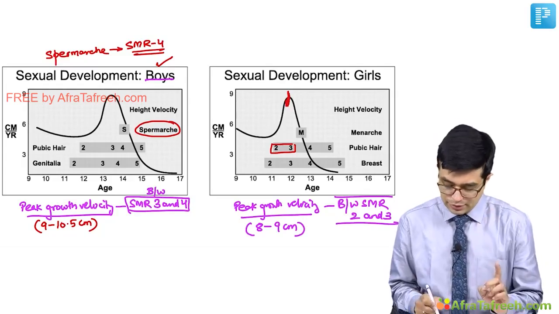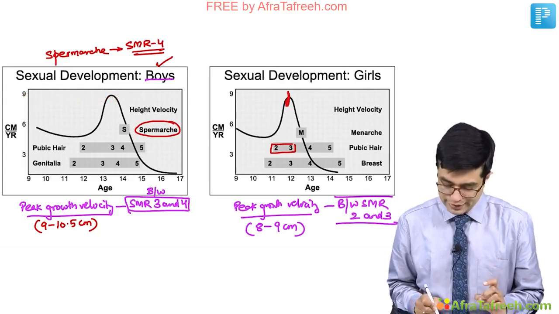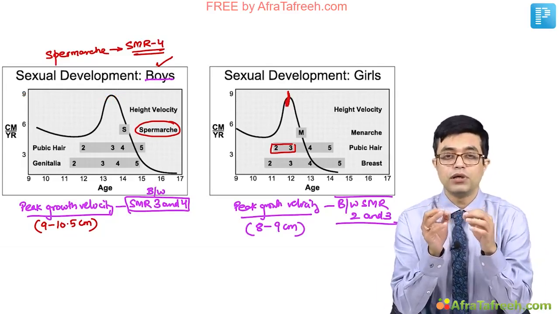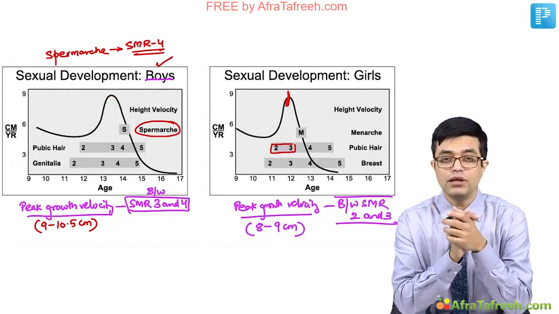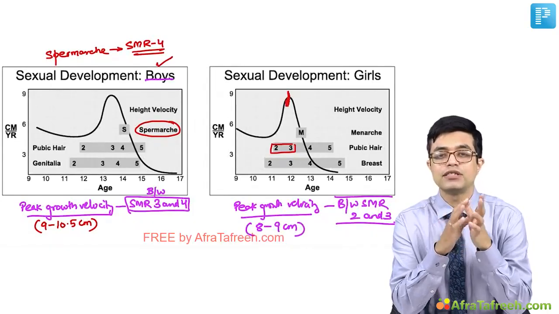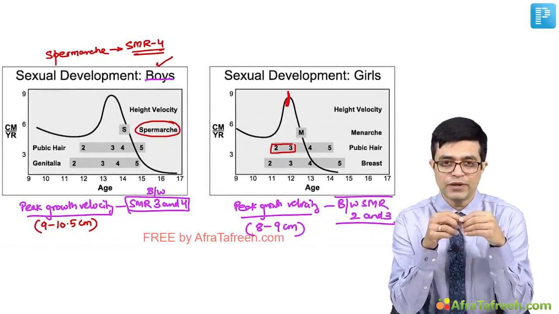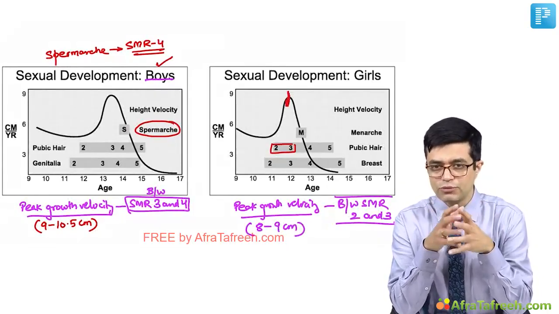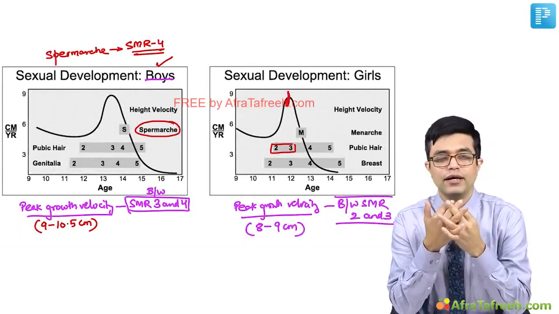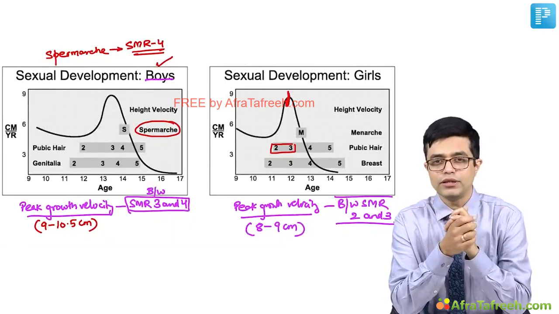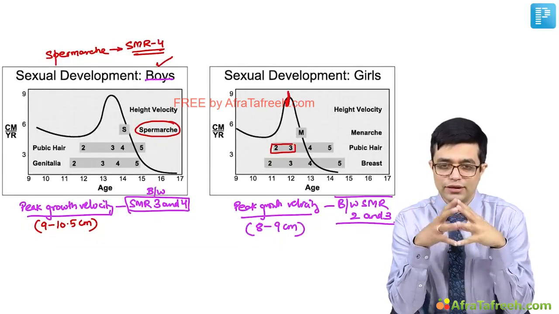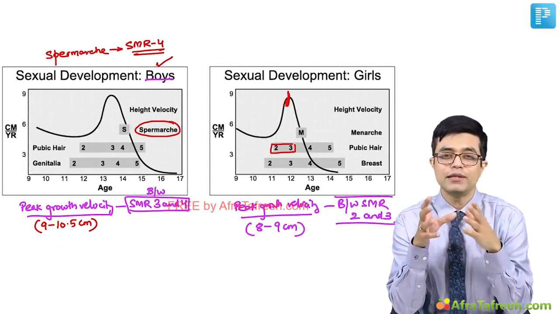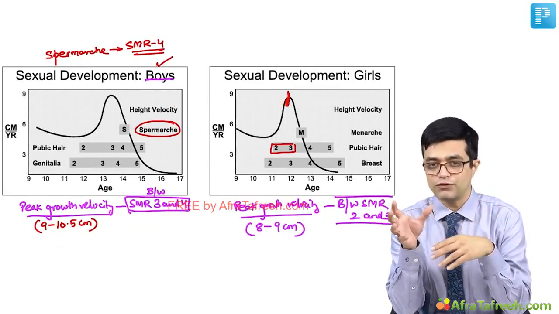Now there is a point which is mentioned in Nelson. Nelson says in the text that sperms can be detectable as early as SMR stage 3. However, this line is very controversial. If you look at most of the textbooks and most of the endocrinology review articles also, they all mention that spermarche tends to begin between SMR stage 3 and SMR stage 4.